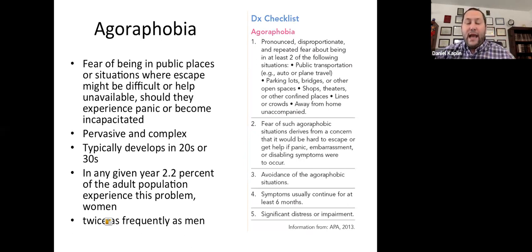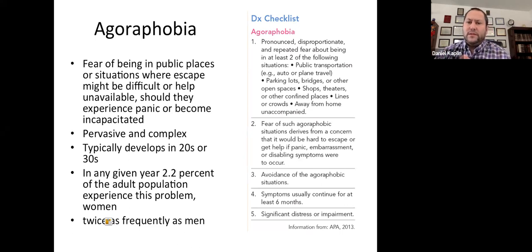I had a client with agoraphobia, and they would not ride the trains because they said, well, what if the train breaks down and we're stuck in between the tracks and no one's able to get to us? That is a classic example of a person being afraid of public transportation because of not being able to escape.